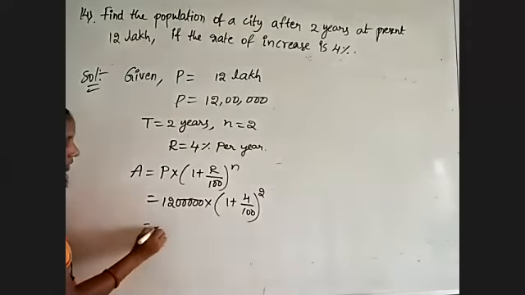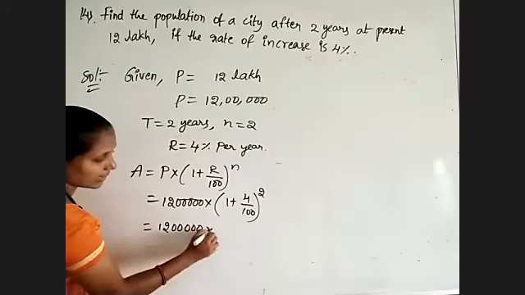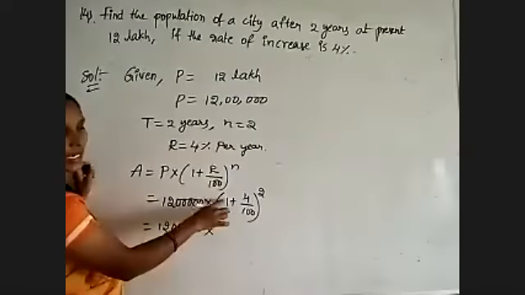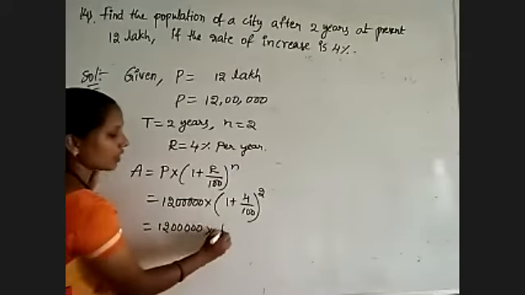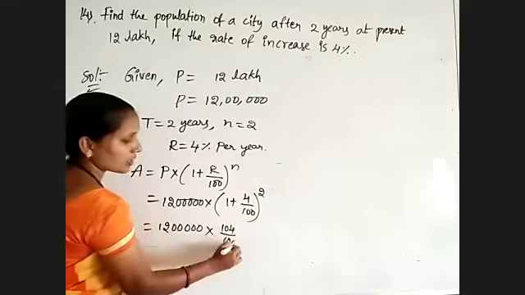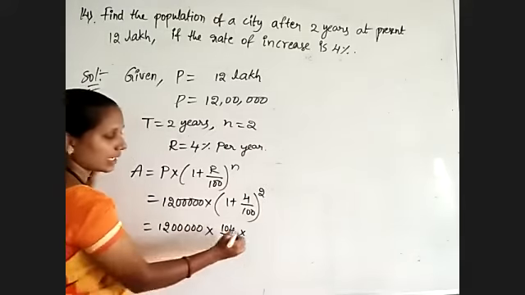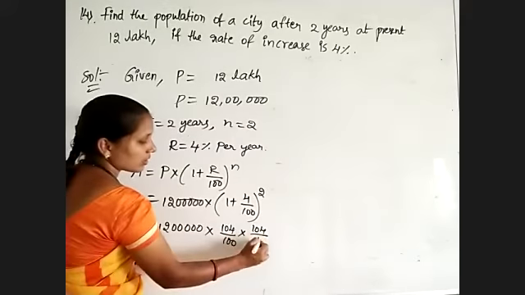So which will be equal to 12 lakh into 100 plus 4 is 104, 104 by 100 whole square. So 104 by 100 into 104 by 100.